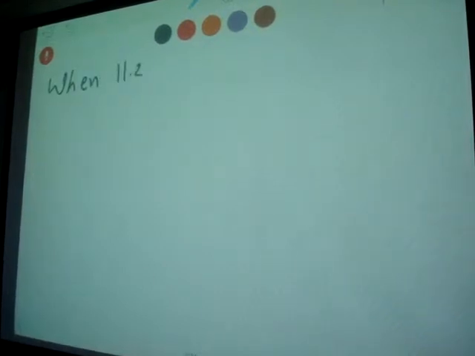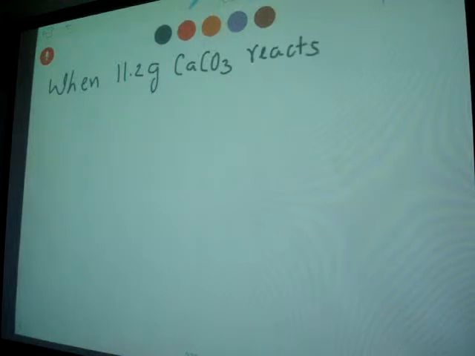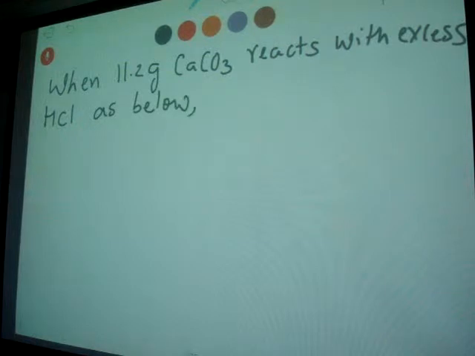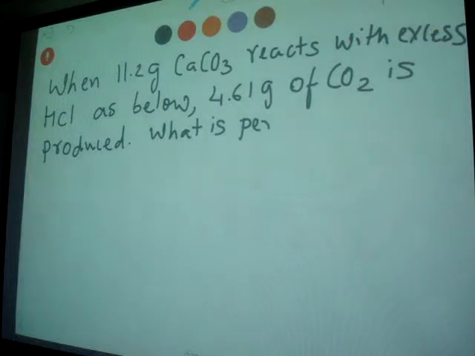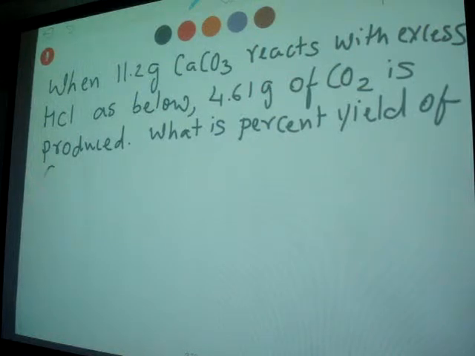When 11.2 grams CaCO3 reacts with excess HCl as below, and 4.61 grams of CO2 is produced, what is the percent yield of CO2?